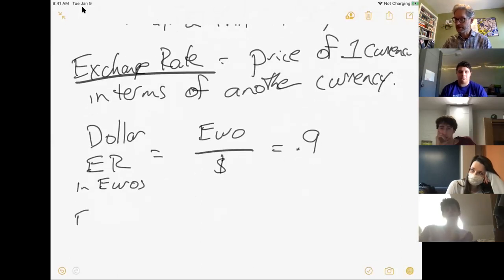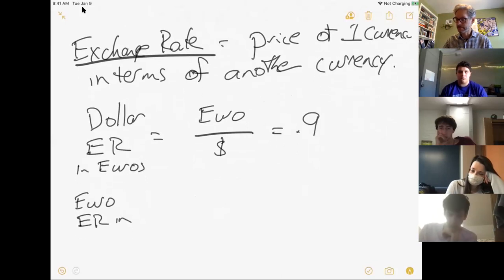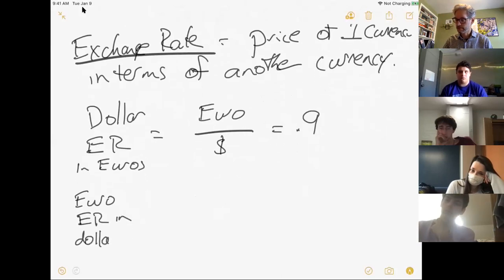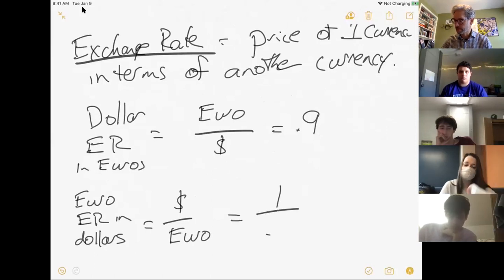What's the euro exchange rate in dollars? Dollar over euro. Yeah, exactly. It's dollar over euro, which is 1 over 0.9 or 1.11.